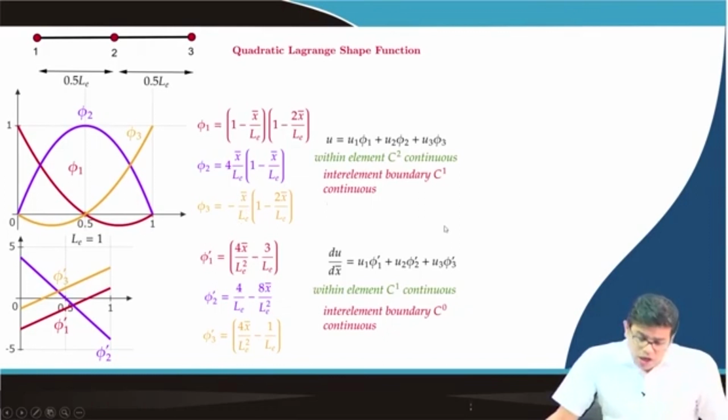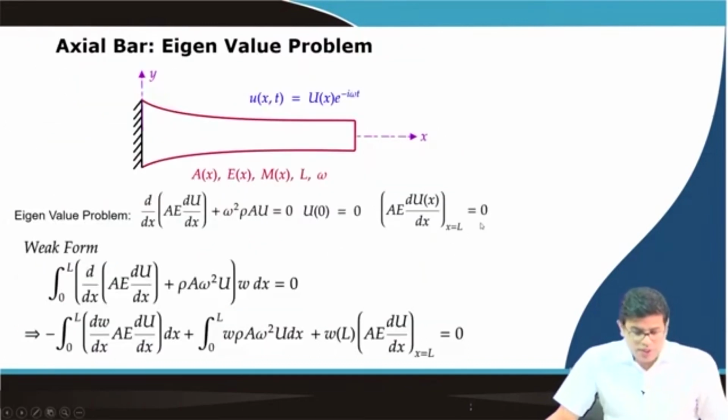Now the next thing that I plan to discuss in this lecture is this problem. So here we have seen that this is the eigenvalue problem. This eigenvalue problem is essentially a free vibration problem, where the steady state solution is periodic, that's the assumption.